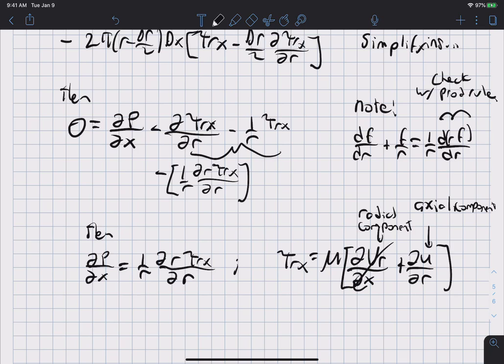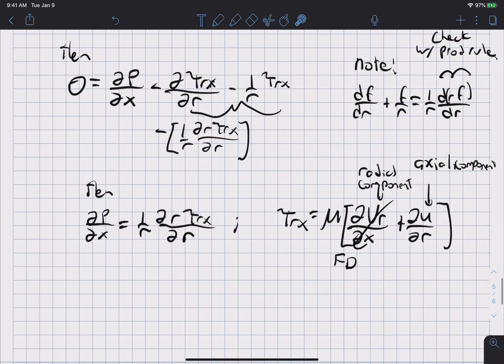From Navier-Stokes equations, we know that v_r is equal to 0, but also because it's fully developed, we can cross this term out because none of the flow velocity is a function of x. So the derivative of any velocity component with respect to x is 0. Then this term cancels out, and we wind up with tau rx for our pipe flow equal to mu partial u partial r.